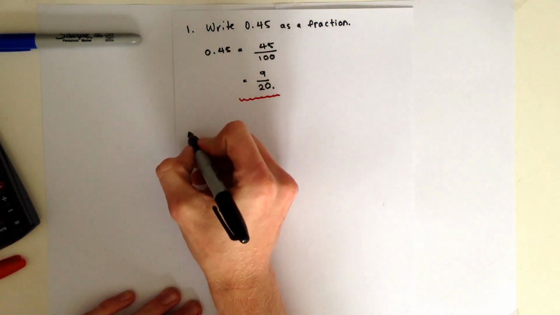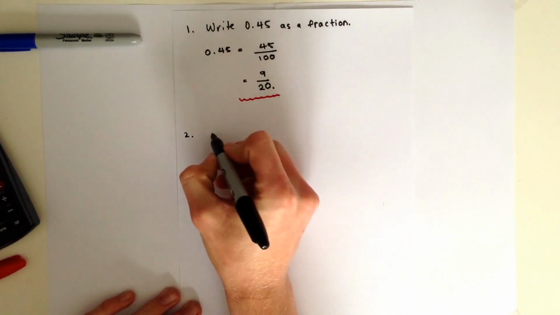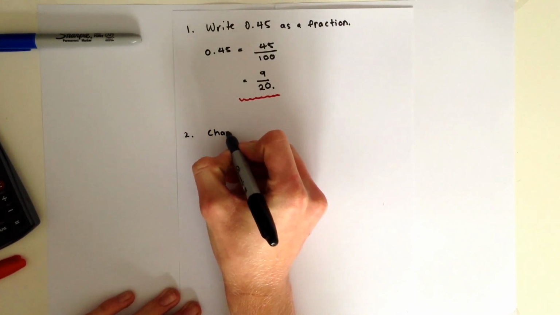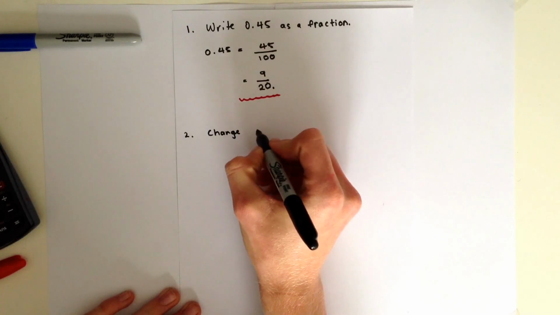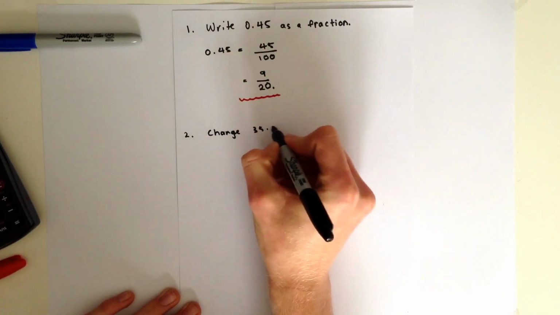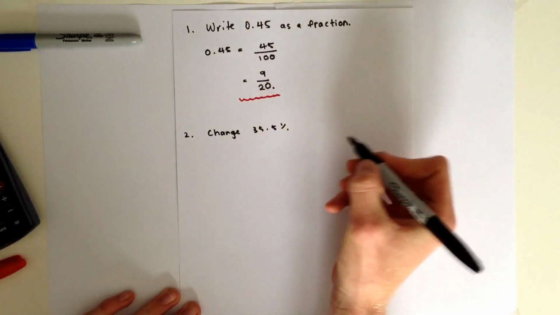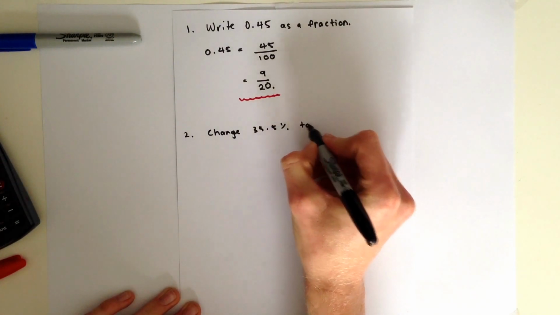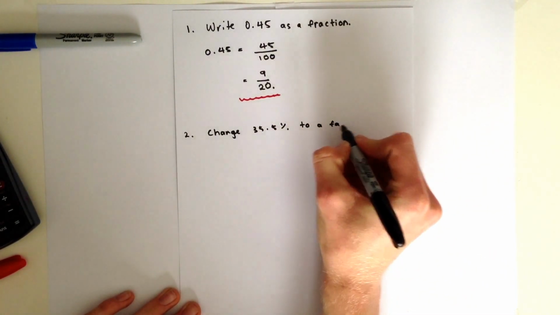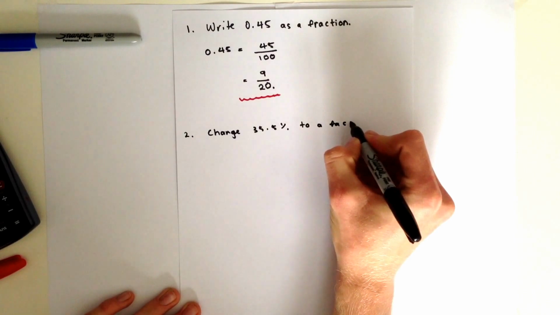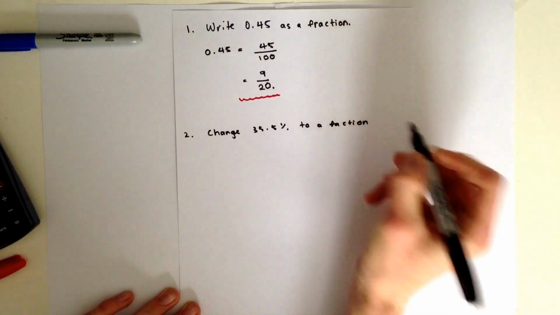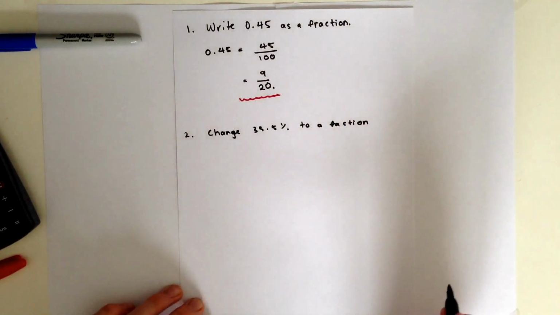Okay, the next one is going to be: change 35.5% to a fraction. Oops. Okay.